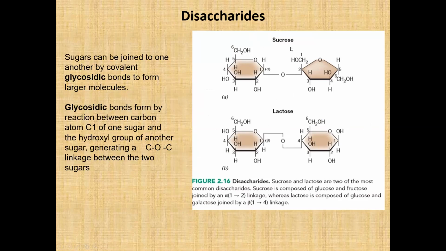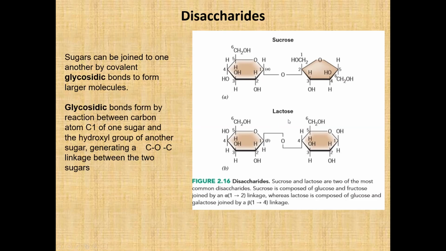Disaccharides are also carbohydrates that contain two monosaccharides, and these two monosaccharides are covalently joined with the help of glycosidic bonds. You see here the formation of a glycosidic bond, for example, between glucose and fructose, and eventually we have the saccharide sucrose as a product.